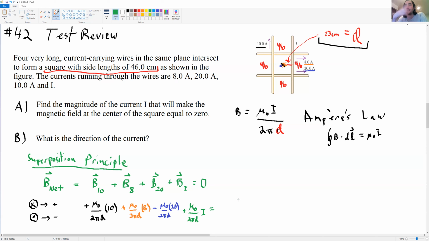So we need to assume a direction for the current I, so that B is coming out of the page. That direction by the right-hand rule would actually be vertical. You can check that for yourselves. So we'll assume I is in this direction.